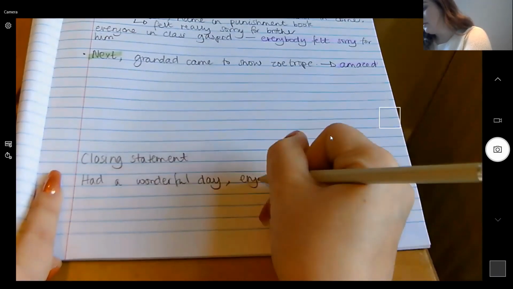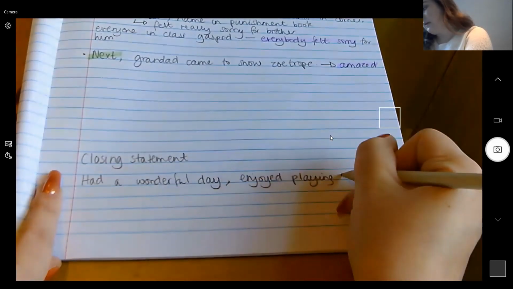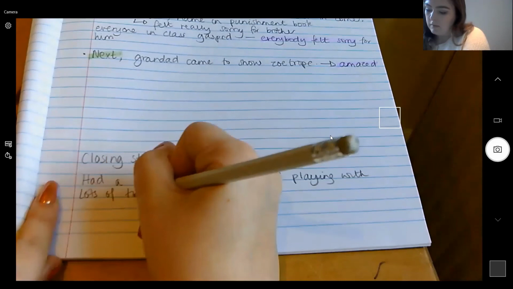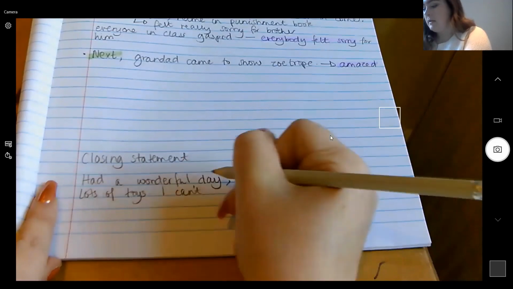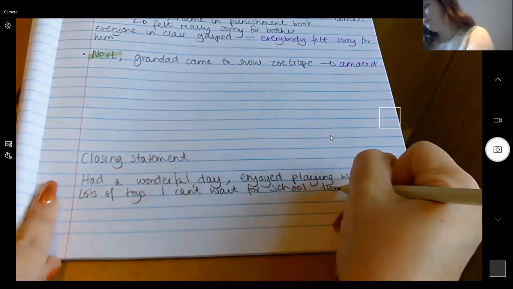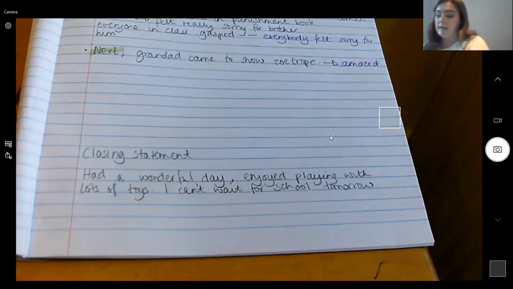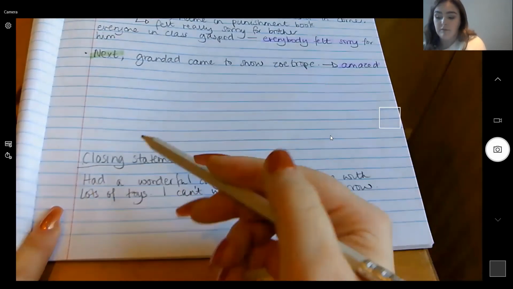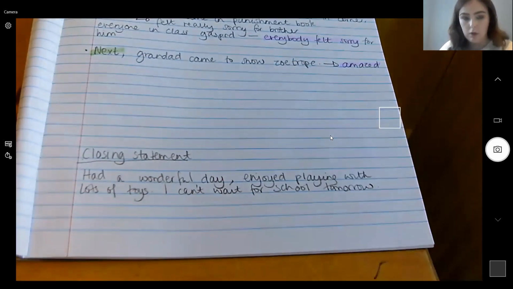Enjoyed playing with lots of toys. I can't wait for school tomorrow. Okay, so that's my closing statement. Obviously, when I write it up tomorrow, I'm not going to be including this part in my recount. I'm just going to have this as a separate last paragraph here. So pause the video to write something for your closing statement.